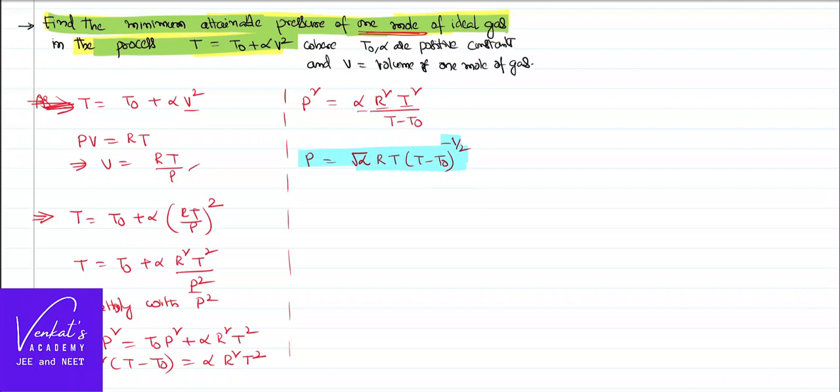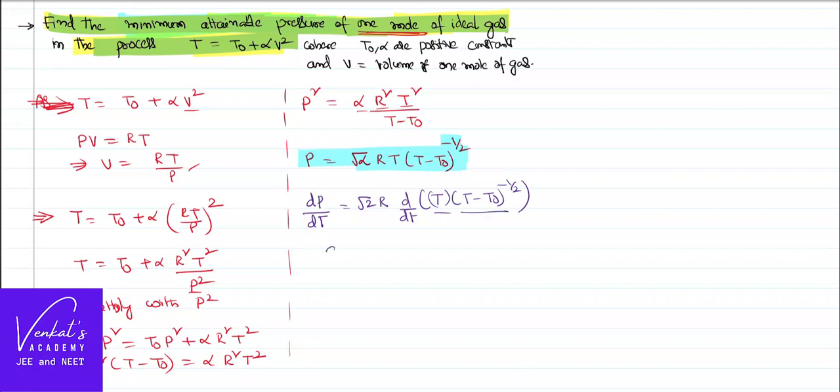Now we want to put a condition that this pressure has to be minimum. So for the pressure to be minimum, the differentiation of that pressure will be equal to 0. So we shall calculate the differentiation of the pressure with respect to temperature, as root alpha R is constant, of T into (T minus T naught) whole power minus half.